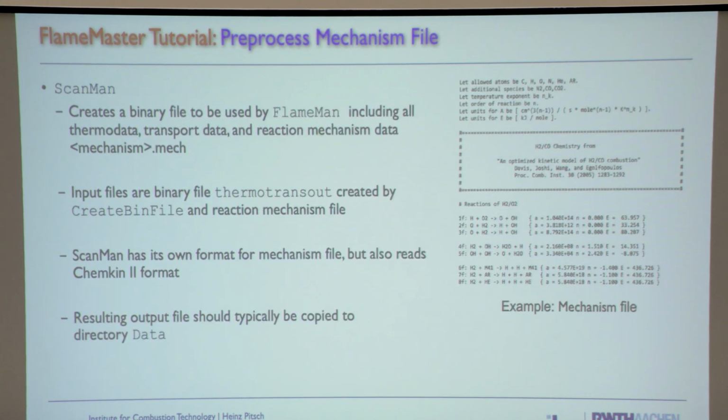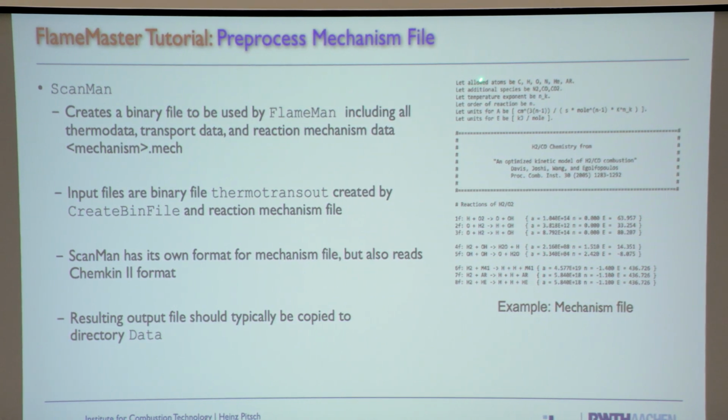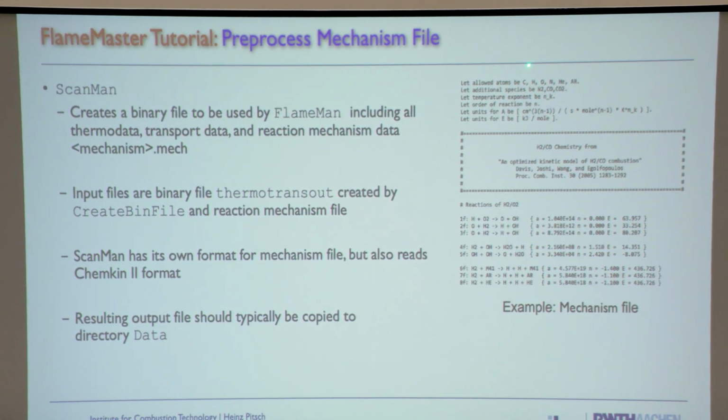And then, once I have this, I can run ScanMan. ScanMan has its own format that we defined very early on. Here are the allowed atoms, for example carbon, hydrogen, oxygen, it just defines these. And then some inert species that don't appear in the mechanism can be defined.